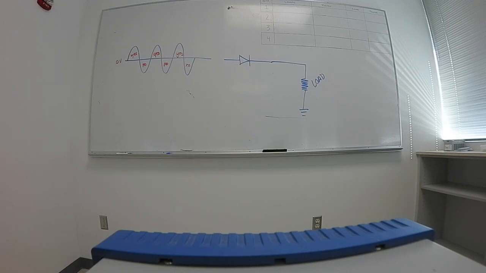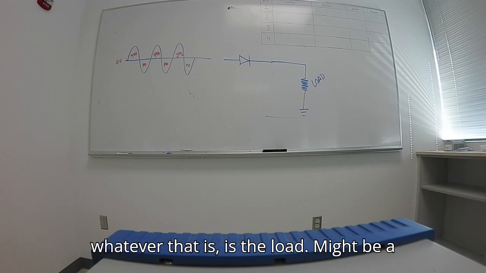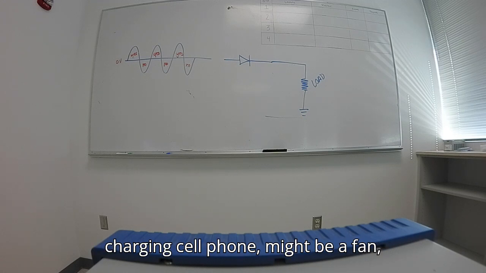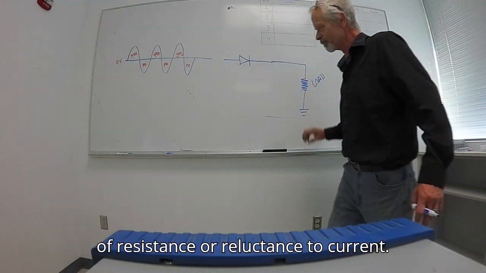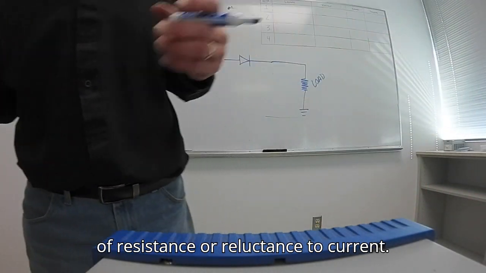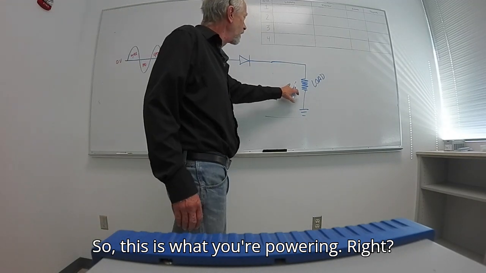The amount of power or the amount of... Why does the circuit exist? To deliver power to something. Whatever that is, the load. Might be a charging cell phone, might be a fan. Whatever it is, it's going to have some kind of resistance or reluctance to current. So this is what you're powering, right?